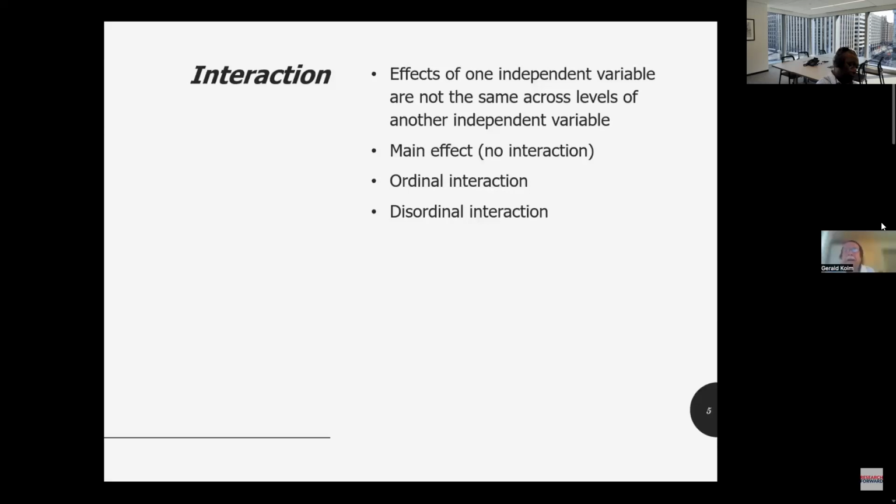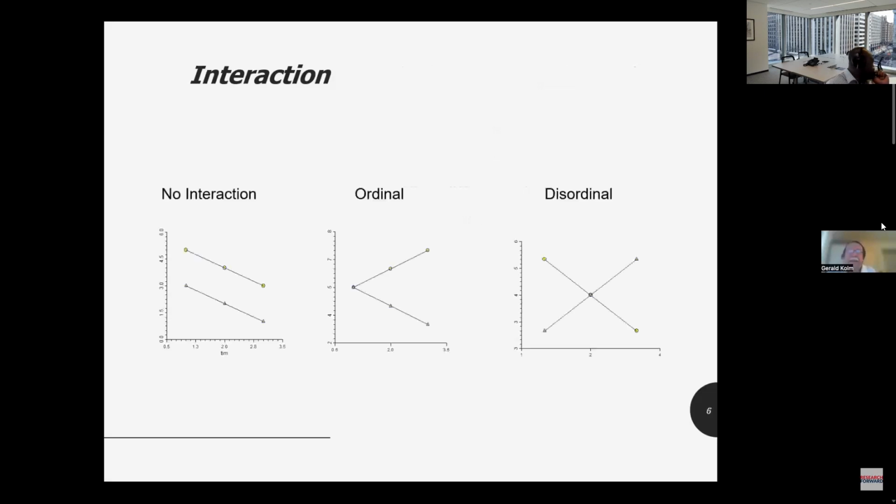If they're the same, then we have what we call a main effect. There's no interaction. And there are a couple of different kinds of interactions: an ordinal interaction or a disordinal interaction. And I have just a slide here of examples.